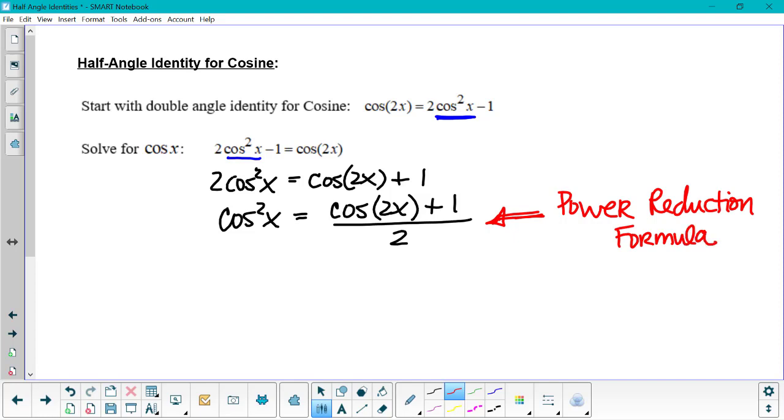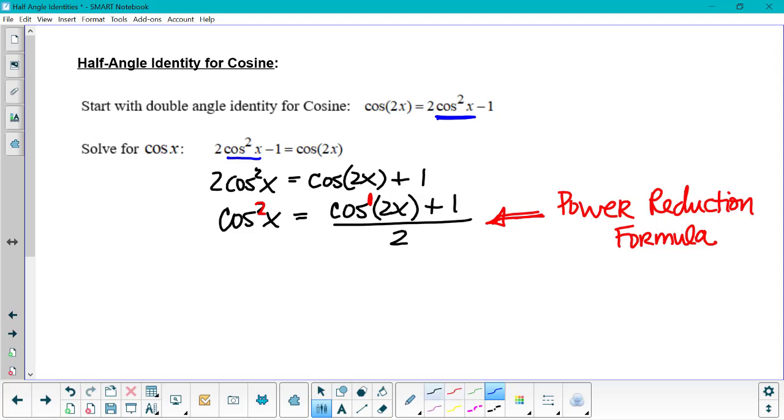If you're integrating cosine squared or sine squared, what you do is rewrite it in an equivalent form where it's only cosine or sine to the first power. So we can see here, this is cosine to the first power, so it's cosine of 2x. Those will come up down the road, and you'll start out with this same identity.